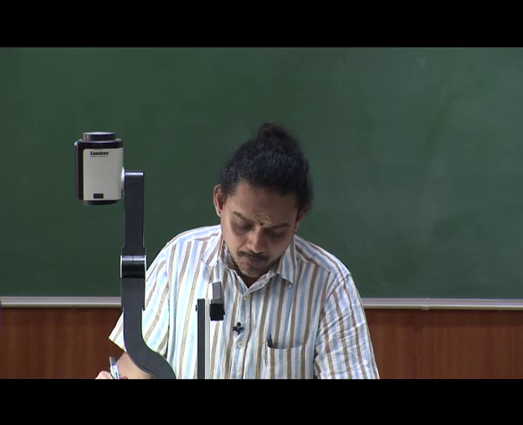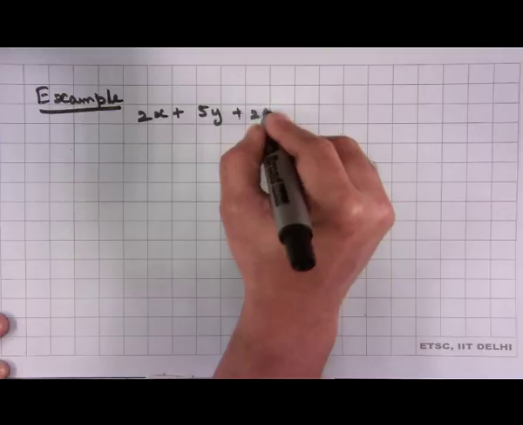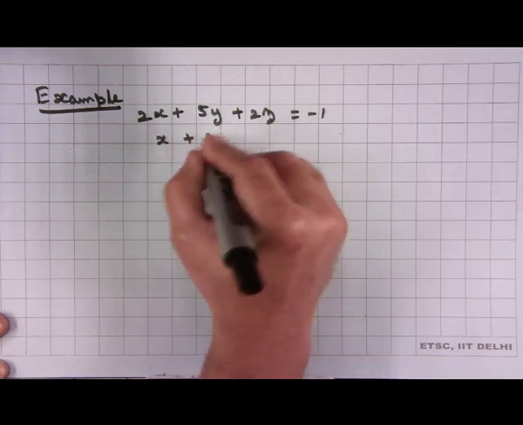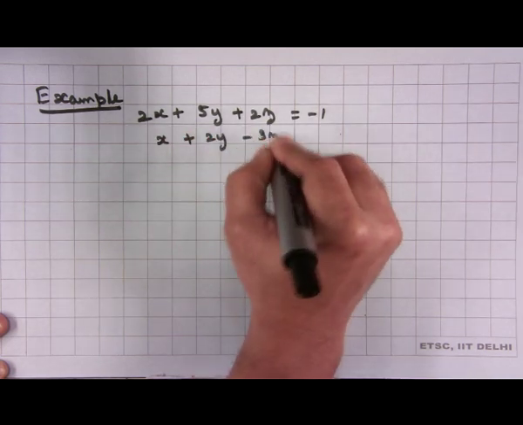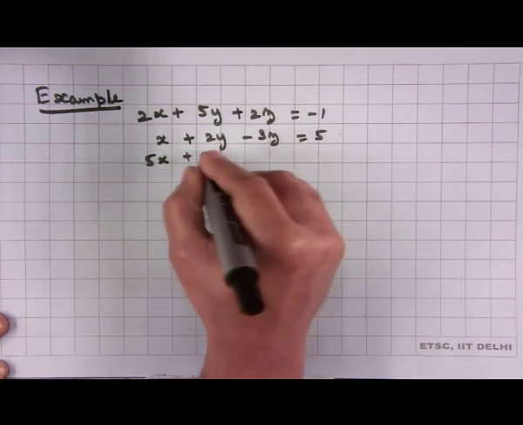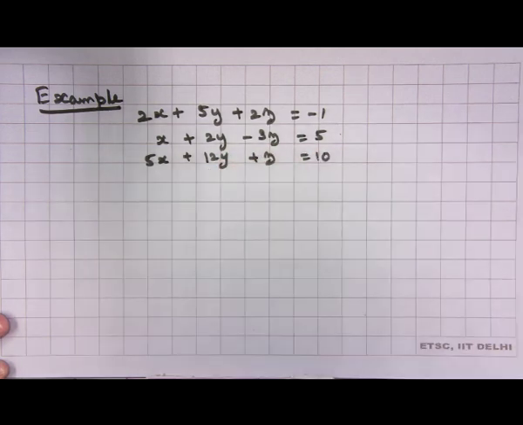Consider the system 2x plus 5y plus 2z equal to minus 1, x plus 2y minus 3z equal to 5, 5x plus 12y plus z equal to 10.